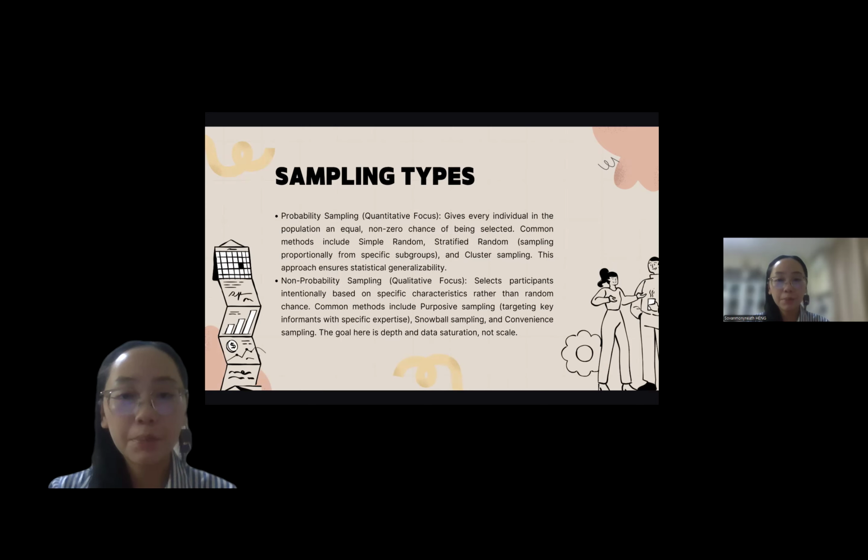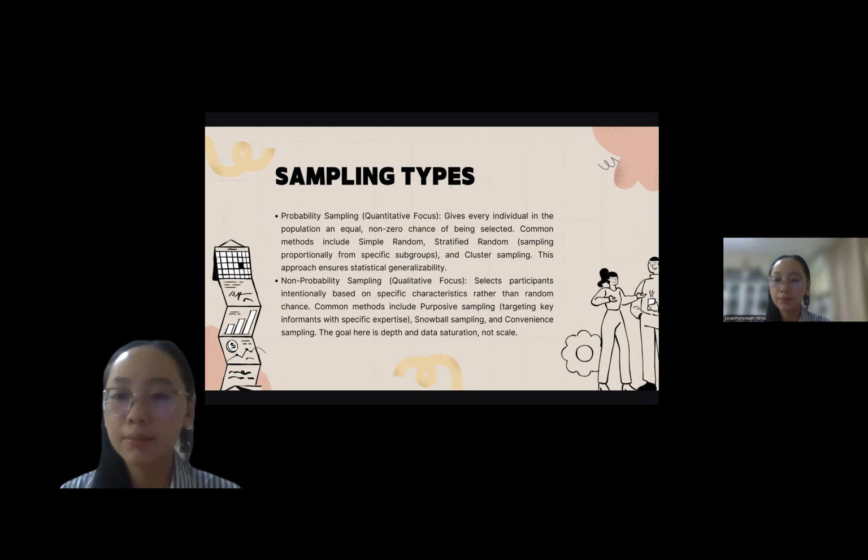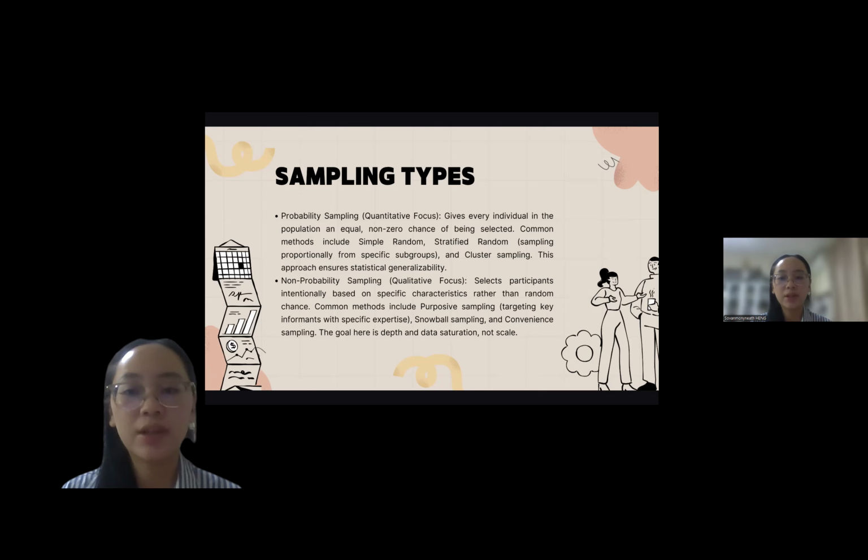Probability sampling gives every individual in the population an equal, non-zero chance of being selected. Common methods include simple random sampling, where you select random people without any particular strategy. Second is stratified sampling, where you randomly sample specific subgroups that you are already targeting, proportionally.